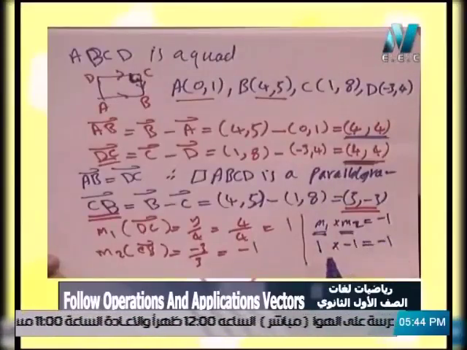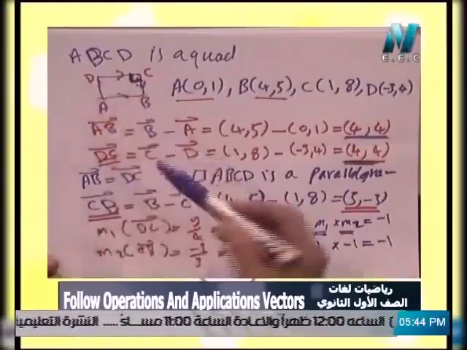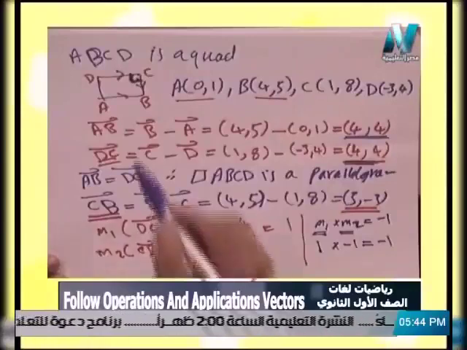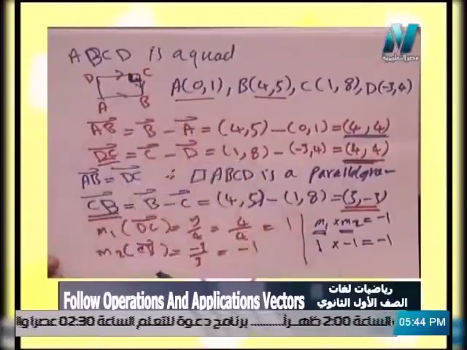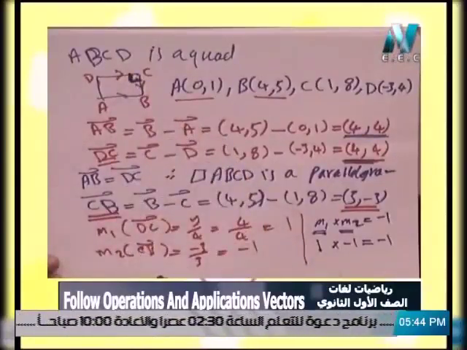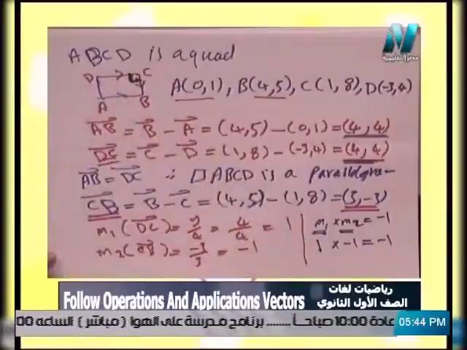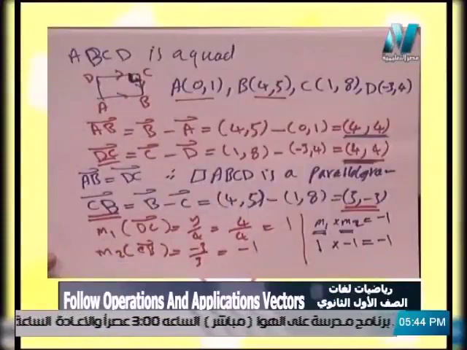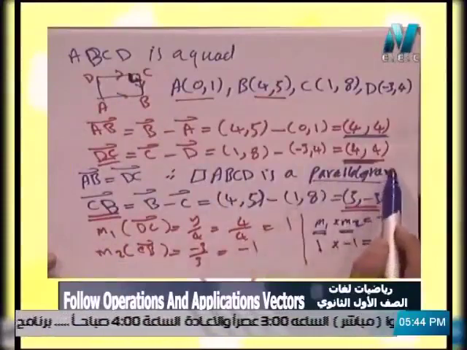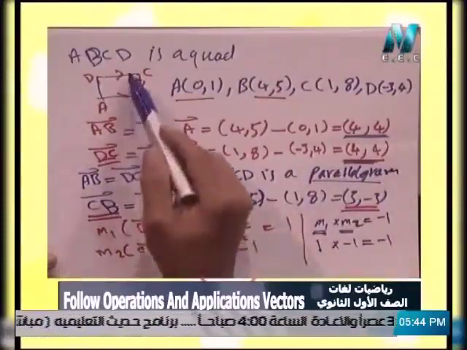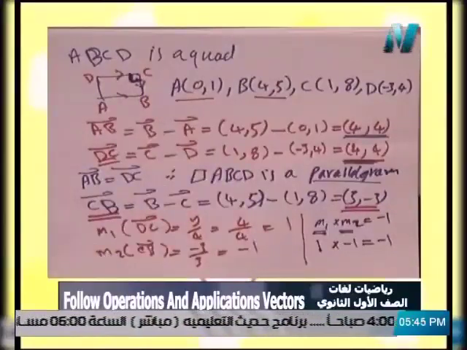So the vector DC is perpendicular to the vector CB, so this angle is a right angle. So the quad ABCD is a rectangle, because we have proved first it is a parallelogram and we have a right angle here.